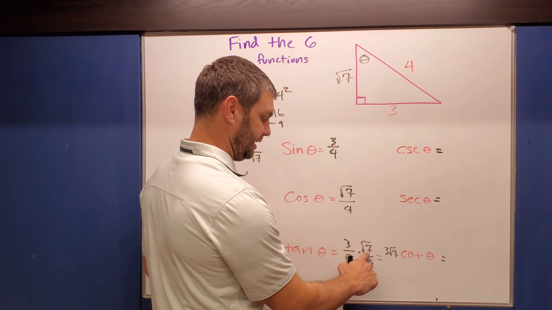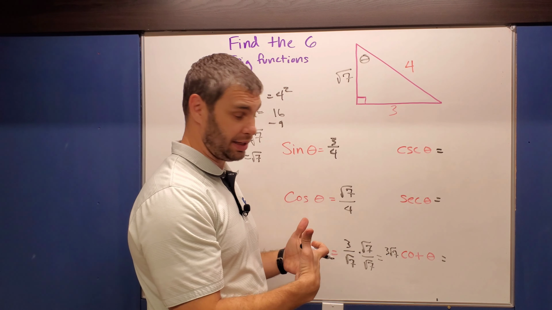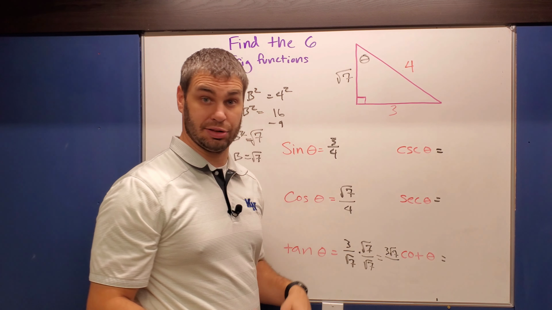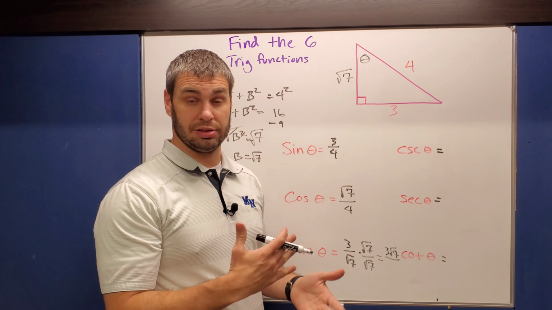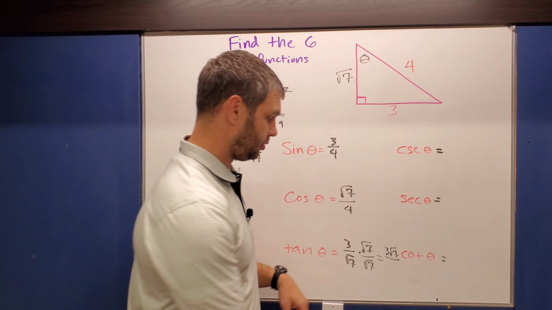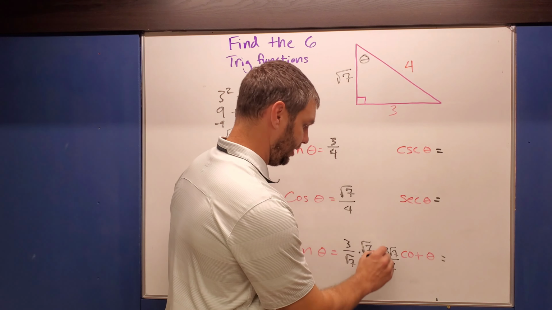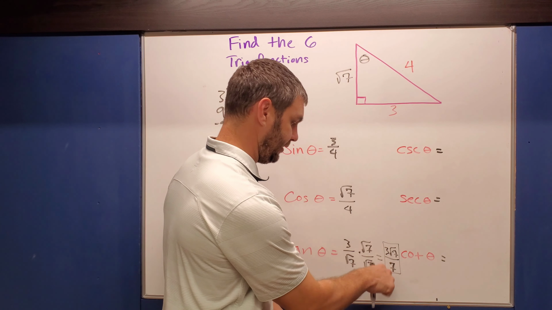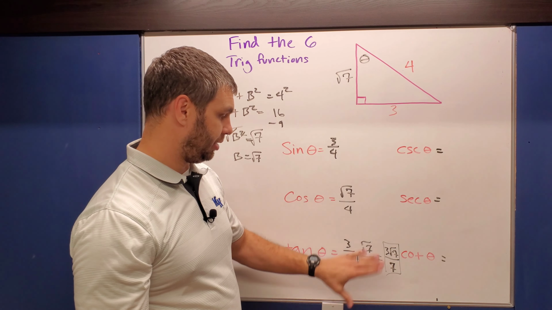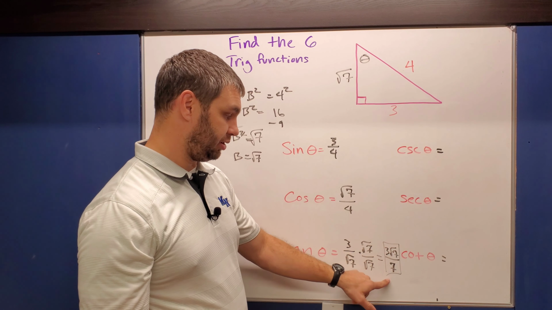One's on the outside, one's on the inside of that square root, so they cannot be put together. But on the bottom, the square root of 7 times the square root of 7 is the square root of 49, which you can skip and just say it's 7. This number without the square root is just 7. Now, the 3 and the 7 can't simplify. If they could, you could maybe make it look a little bit better, but we'll have to leave it like this, 3 square roots of 7 over 7.